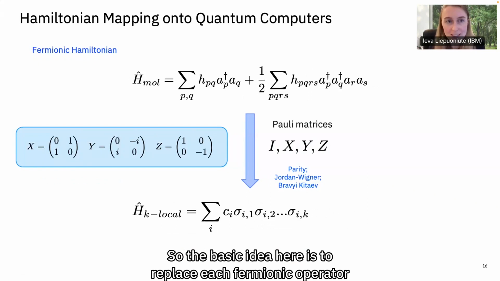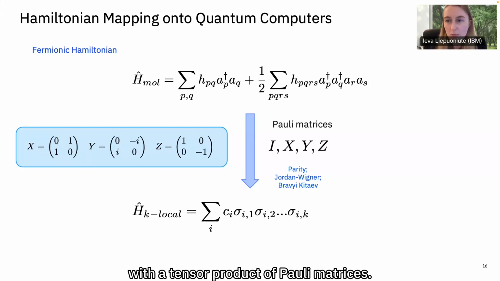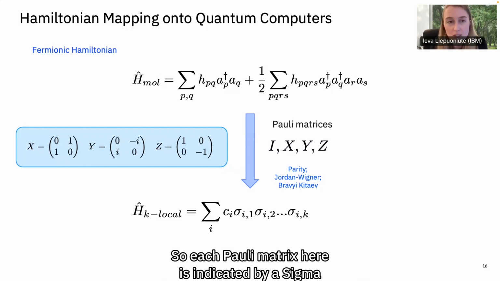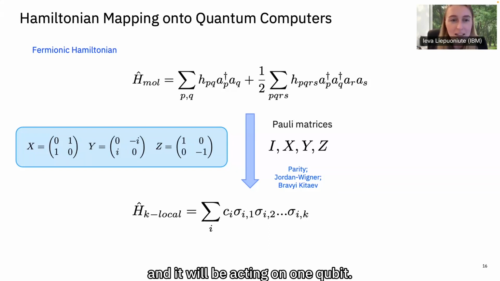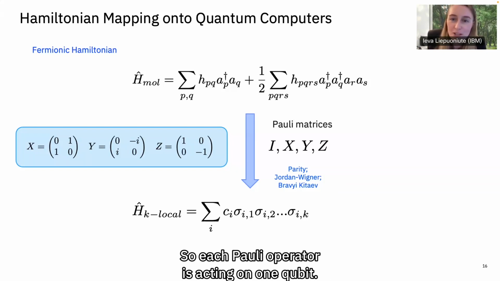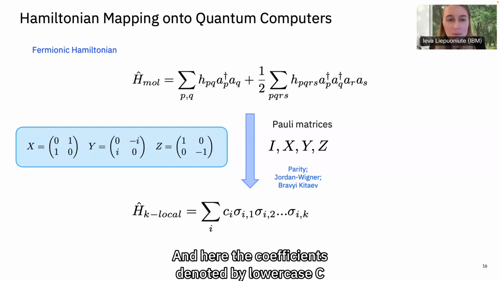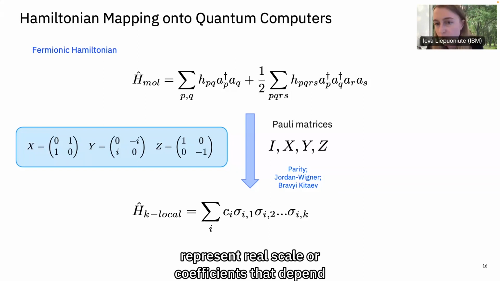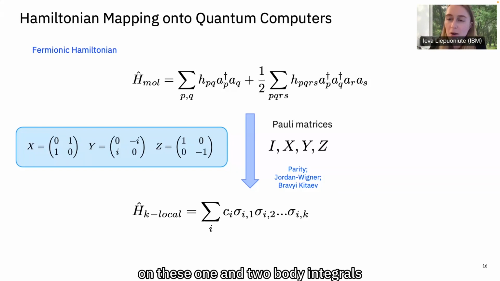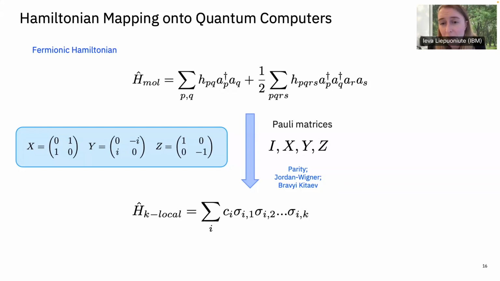So the basic idea here is to replace each fermionic operator with a tensor product of Pauli matrices. So each Pauli matrix here is indicated by a sigma, and it will be acting on one qubit. So each Pauli operator is acting on one qubit, and here the coefficients denoted by lowercase c represent real scalar coefficients that depend on these 1 and 2 body integrals that we discussed in the previous slide.